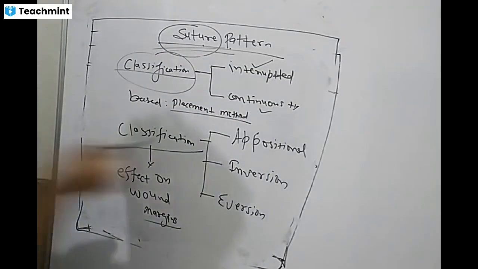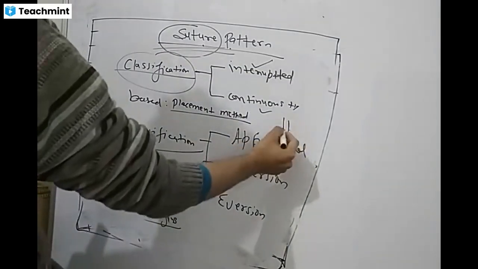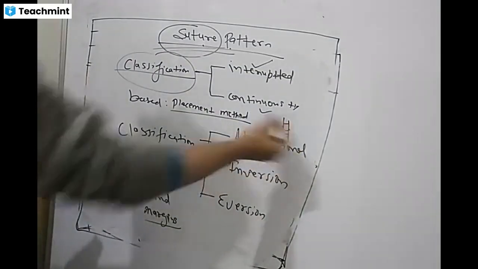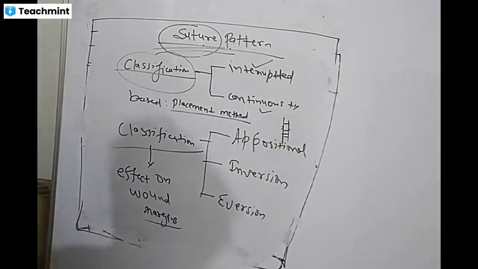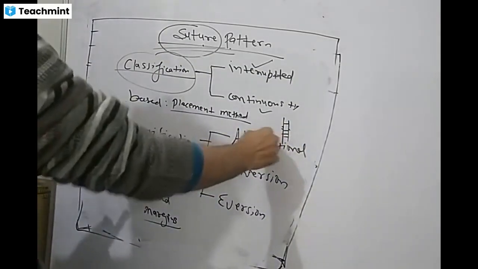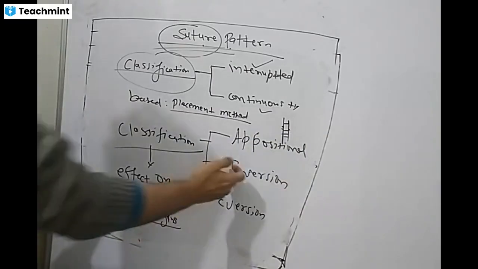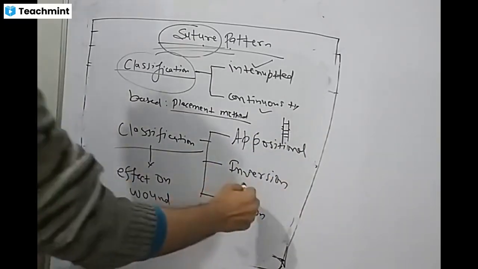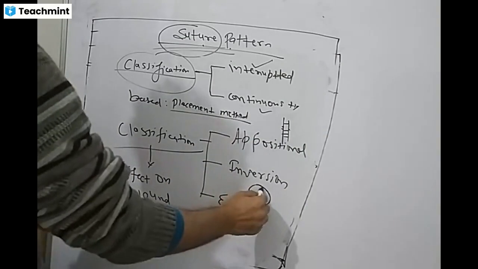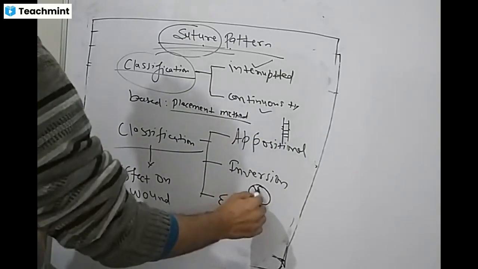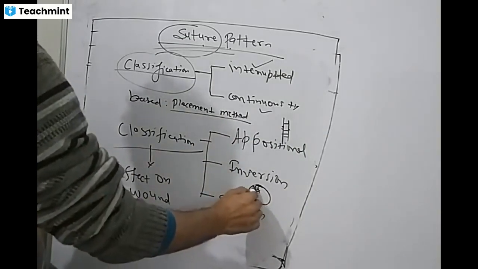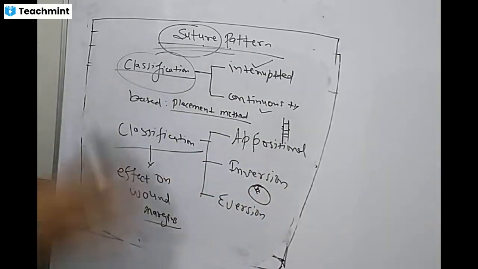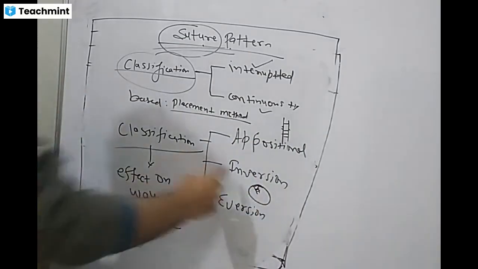Suppose the wound margins come close to each other and face toward each other, just like a mirror image of each other. They are called appositional. And inversion: if the sutured edges are inverted, meaning they are facing toward the lumen, that is called inversion.